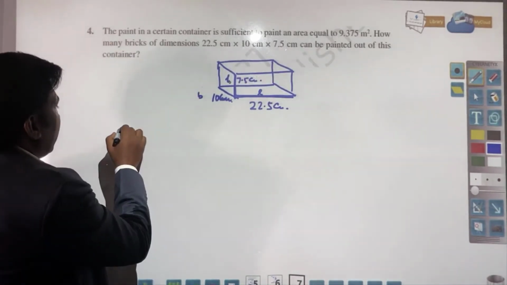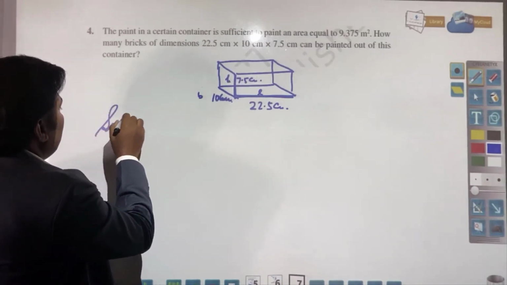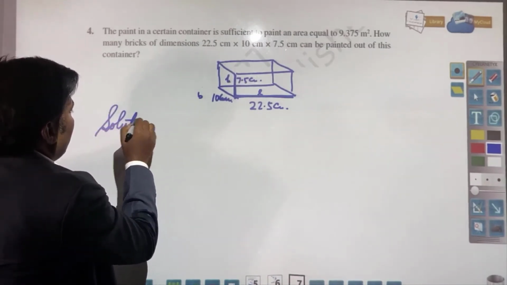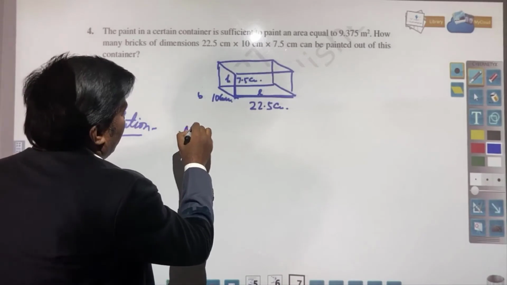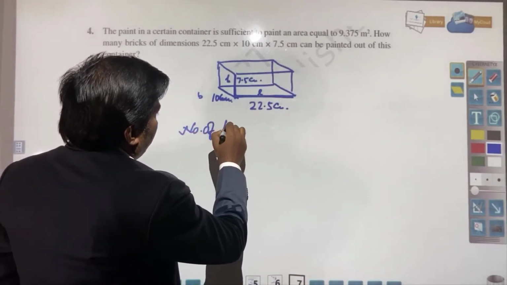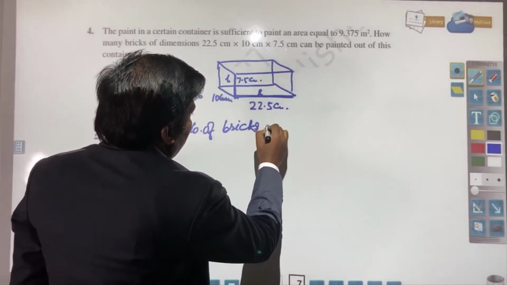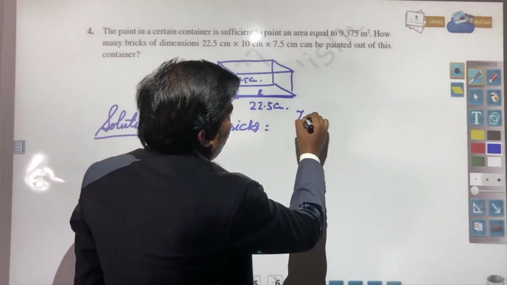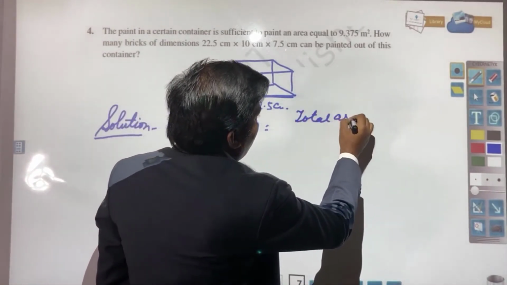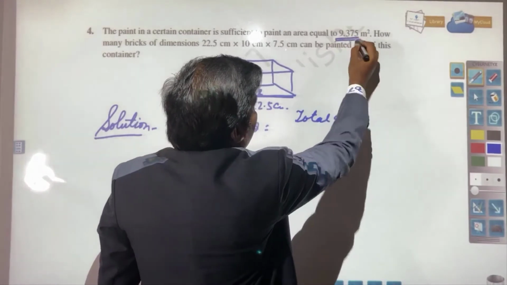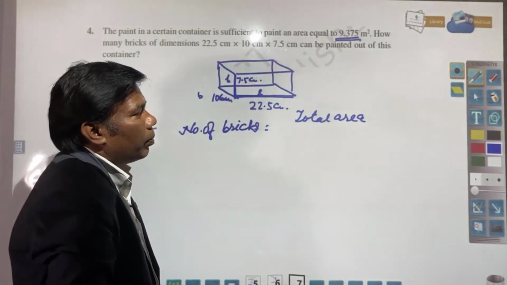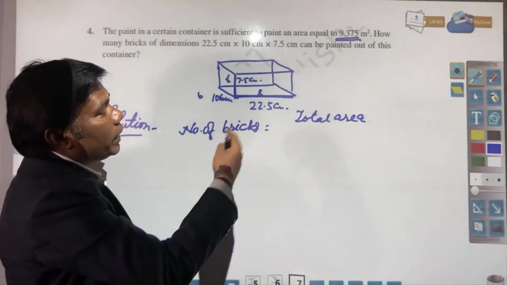So the number of bricks you can write directly. Number of bricks is equal to total area.